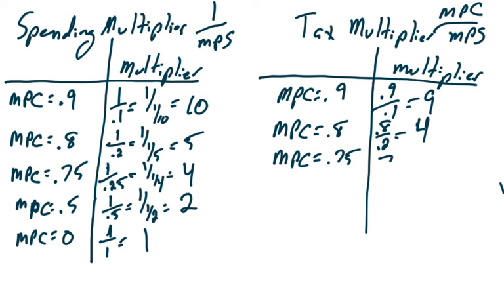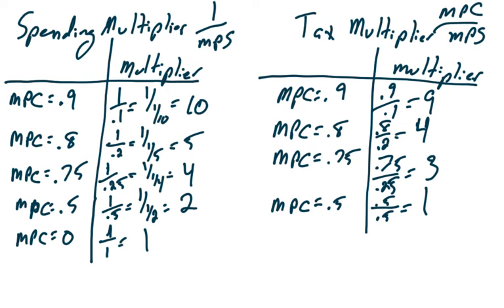In this case, we have 0.75 over 0.25. And here we wind up with the multiplier of 3. If our marginal propensity to consume is equal to 0.5, here we have 0.5 over 0.5, and that is going to give me 1. Right, so that in a nutshell is how we find our spending and tax multipliers.